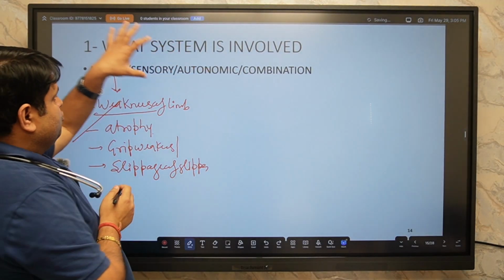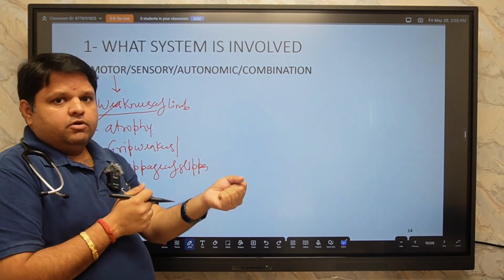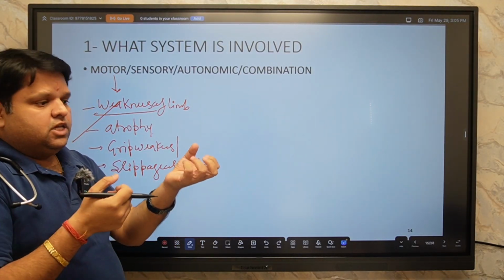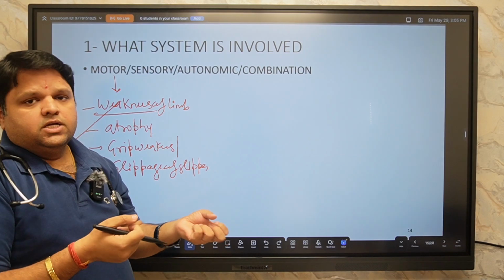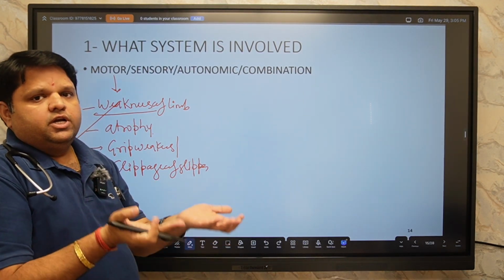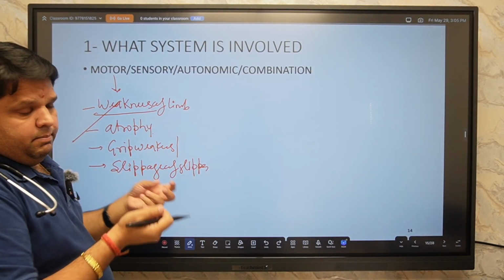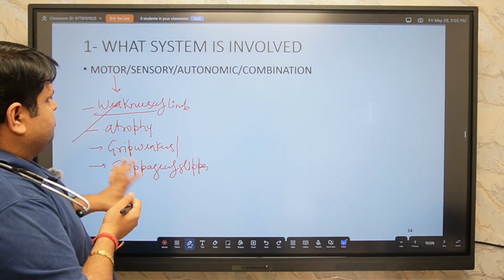So for motor weakness, we should ask about weakening of the grip, weakness in the limb, slippage of something from the hand, slippage of the slipper from the foot, weakness of the finger, lifting of the foot, and atrophy of the muscles. So these are the motor symptoms of the neuropathy.